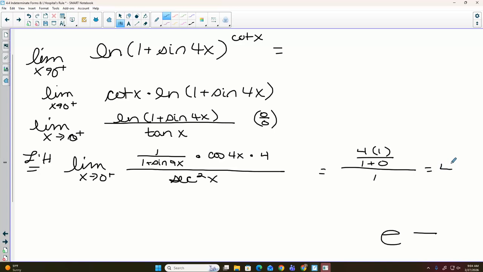So we get 4 for our answer. Now remember, that's when we added the log in. It all simplifies to 4. So to cancel the log, we have to have our e, so our final answer is e to the 4th power.